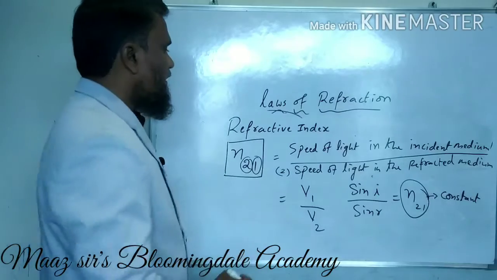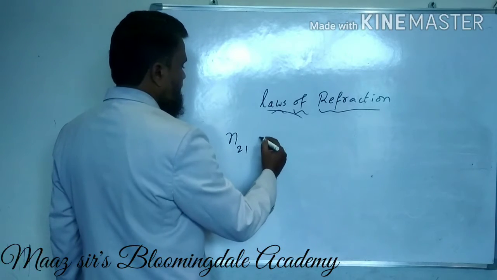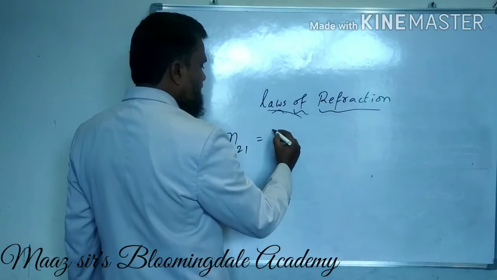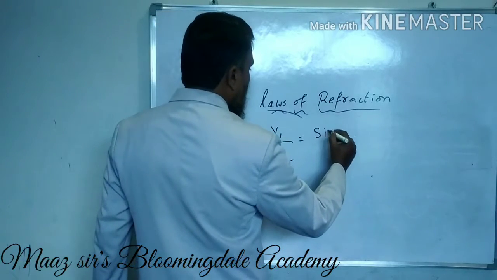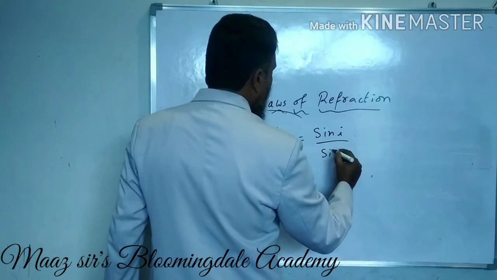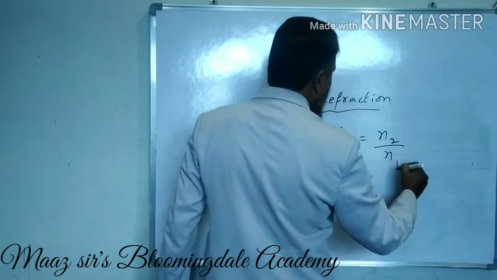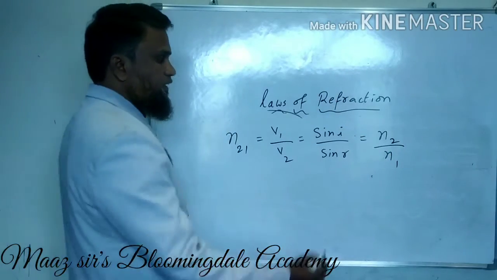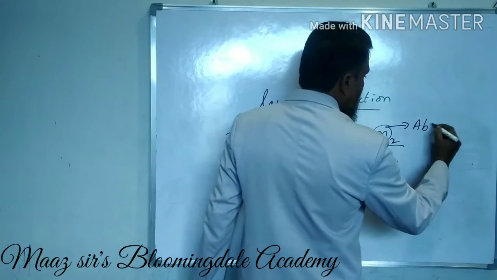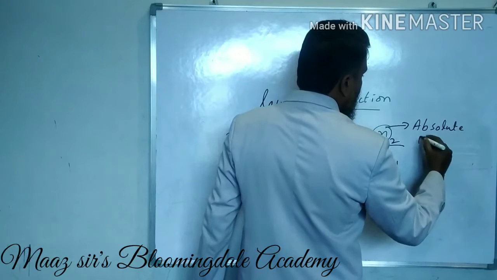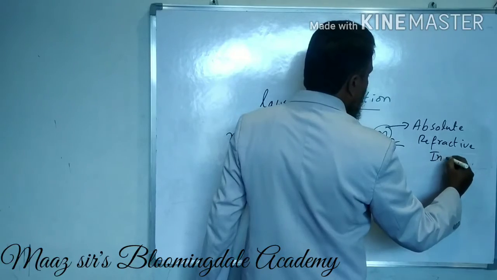We can write Snell's law in different forms. We can write n21 is equal to V1 by V2, which is equal to sine i by sine r, which is equal to n2 by n1. What are n2 and n1 here? n is the absolute refractive index.